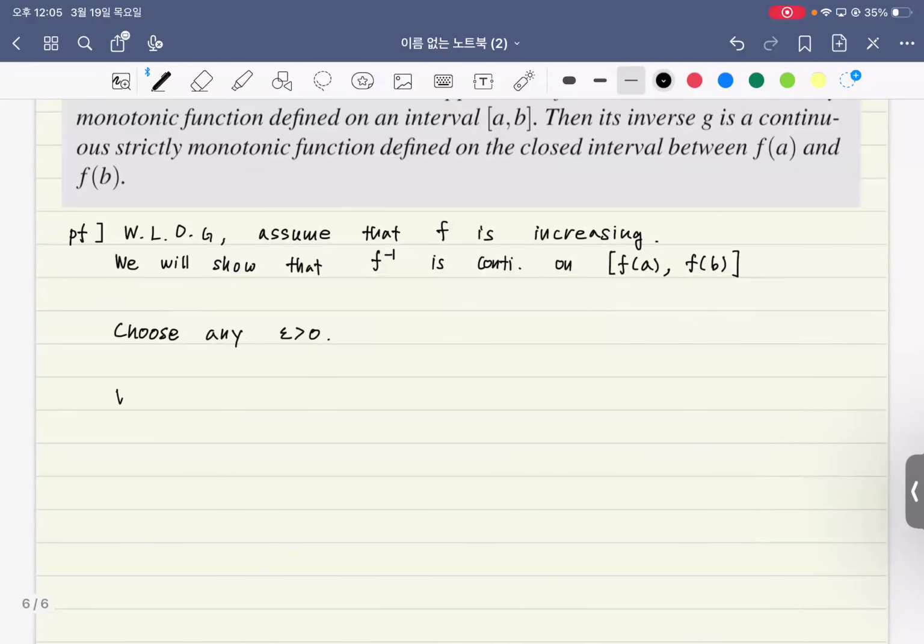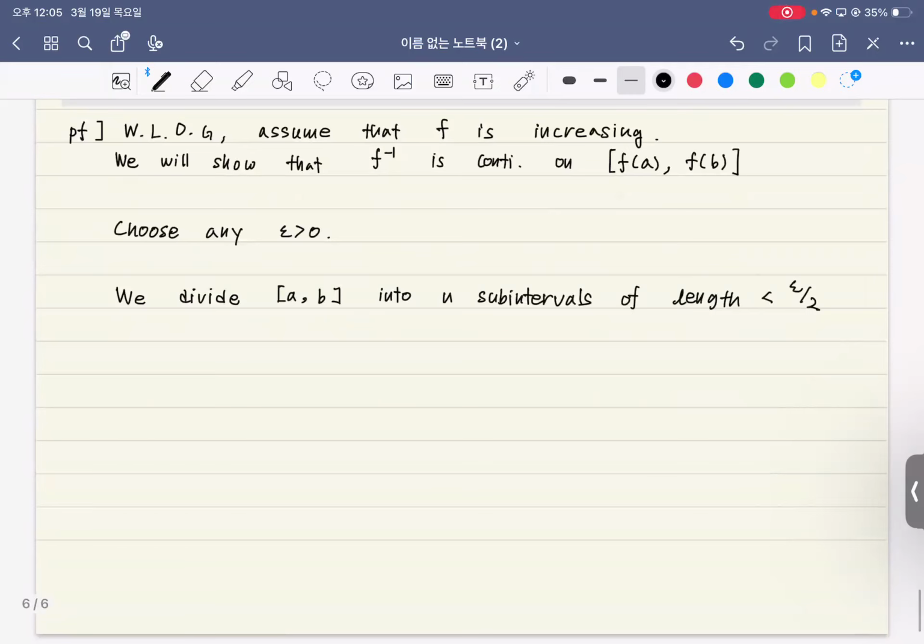Then we divide the interval a comma b into n subintervals of lengths less than epsilon over 2. So it's going to be like this.